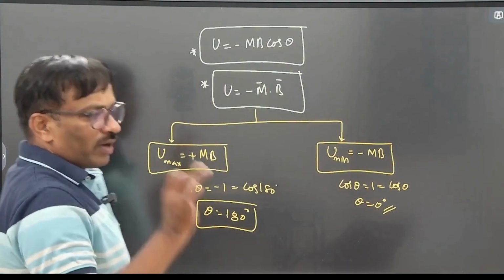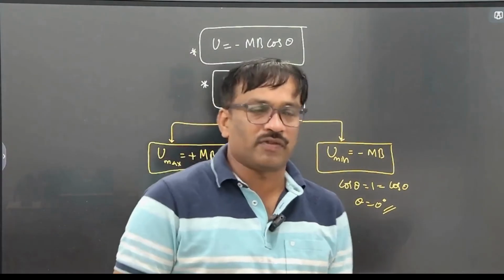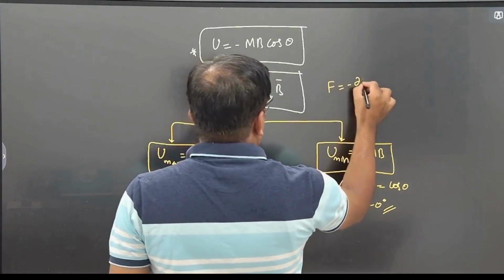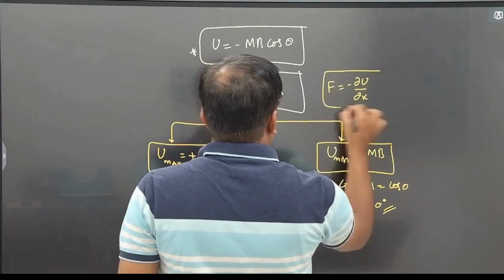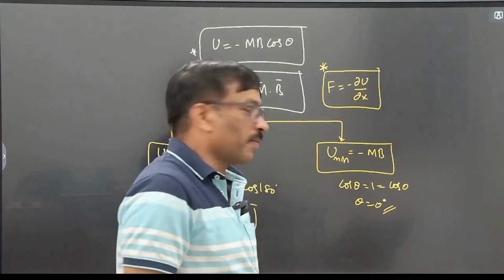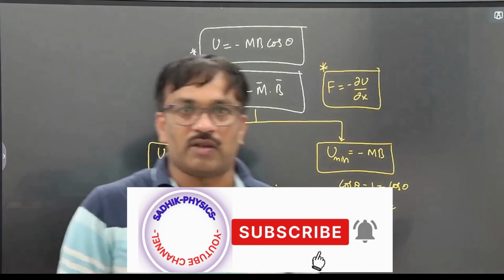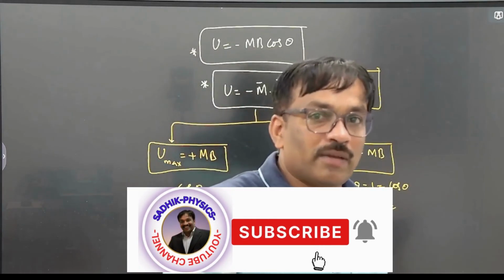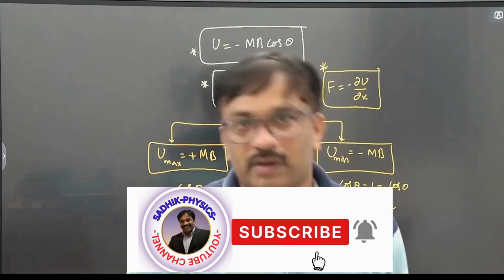Remember one point about the equilibrium concept. Potential energy, you know the formula: F is equal to minus dU by dx. Equilibrium means the force is equal to 0. Stable equilibrium means potential energy will be minimum.